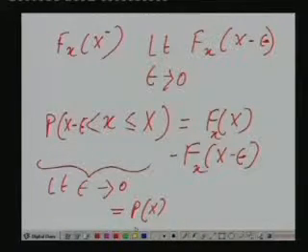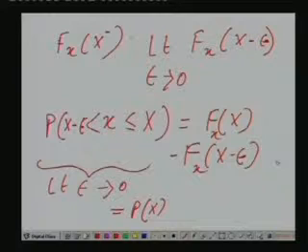And we have seen that if on the probability distribution function we take the limit from the left hand side, that is let epsilon tends to 0, we have a notation for it, F_X(x minus).